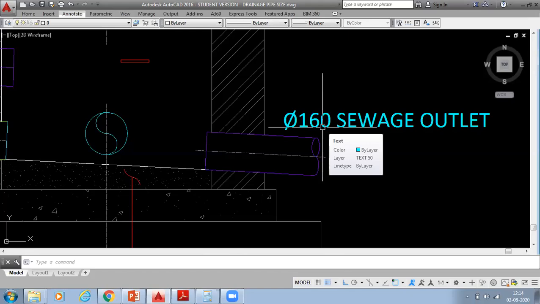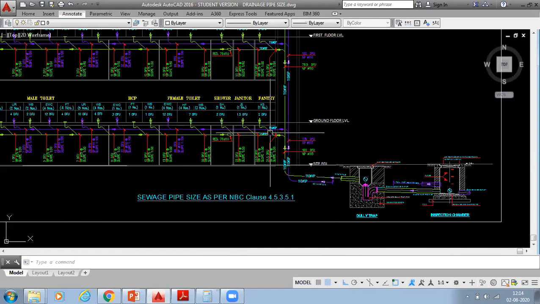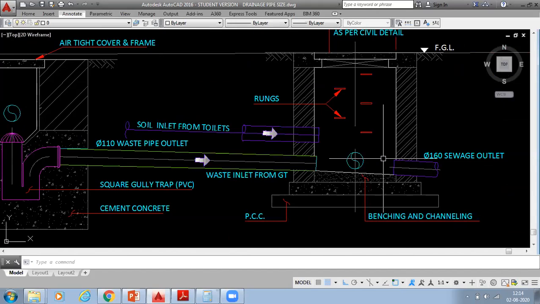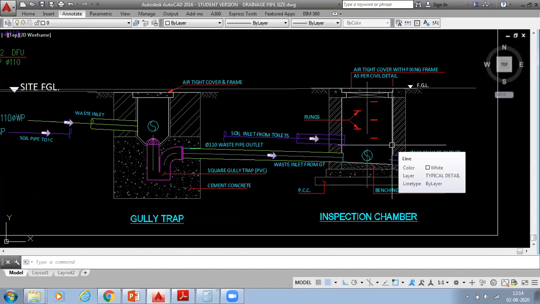Even if you have a small ground floor pipe, with only one floor, you also have to take 160 mm only, because of maintenance purposes. If you reduce the pipe to 70 mm or 100 mm, your maintenance will be trouble. Blockage will always come. That's why between manhole to manhole or inspection chamber to manhole, we maintain 160 mm minimum.